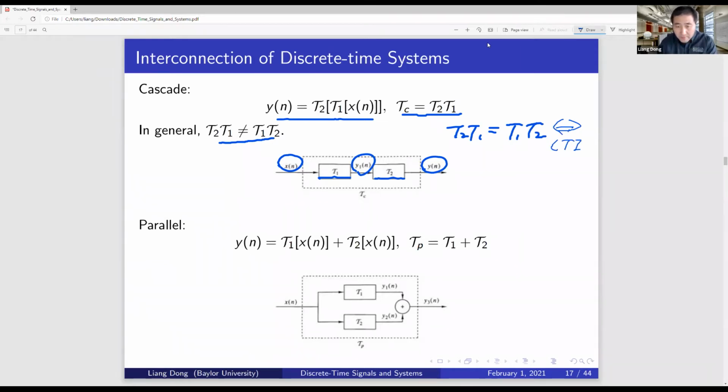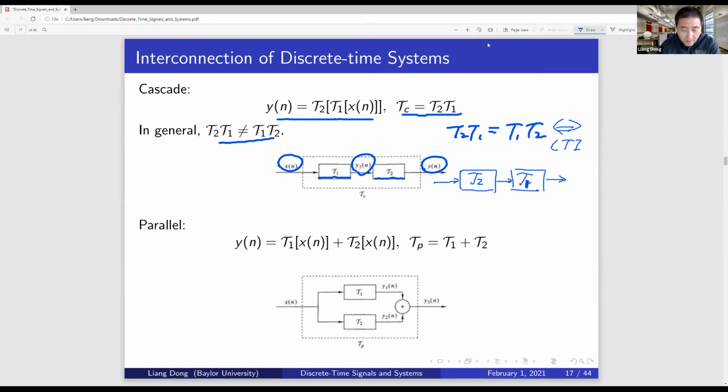If I have a linear time-invariant system, I can swap the order of those two building blocks. So T2 is here, and then I have T1 here. Okay, so that's a cascade of two systems.